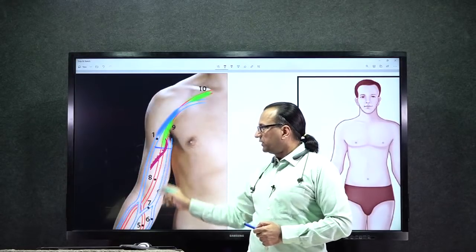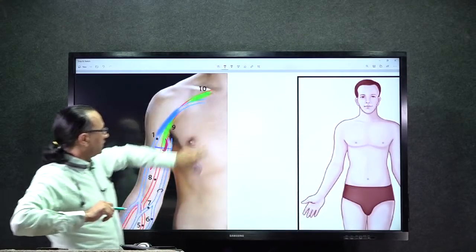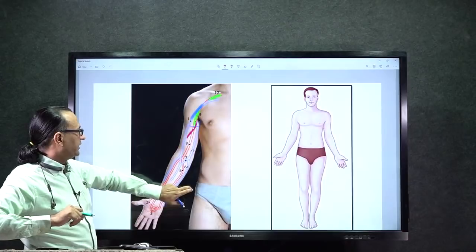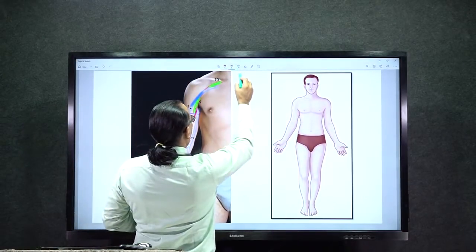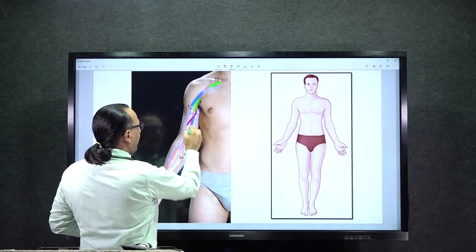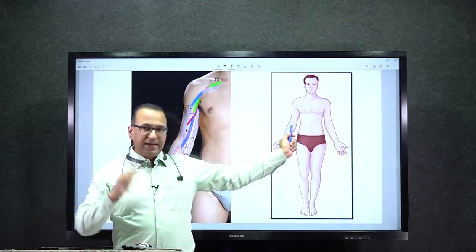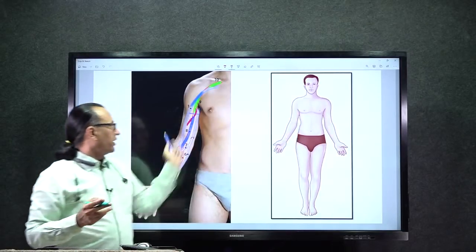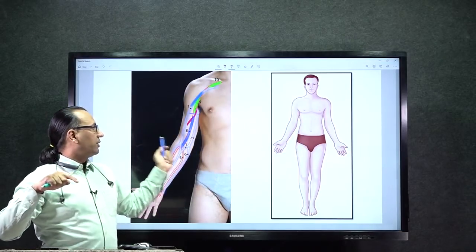Now, as you follow this brachial artery down, let us take it towards the cubital fossa region. There is a question it will be asking about this brachial artery. As you are following the brachial artery in the cubital fossa, what is the relation with the other structures like tendon of biceps, or there are some nerves here?